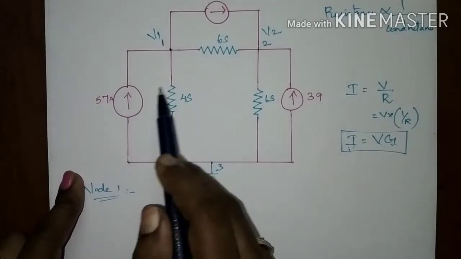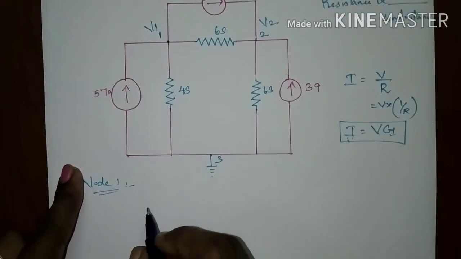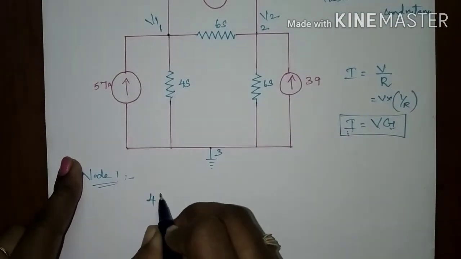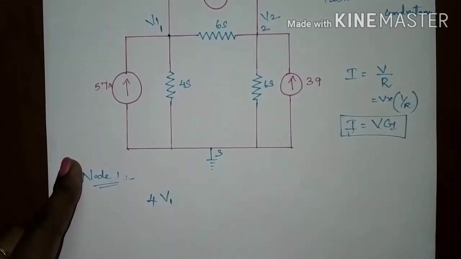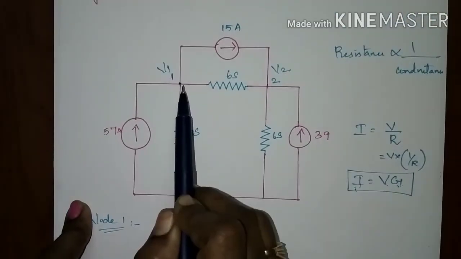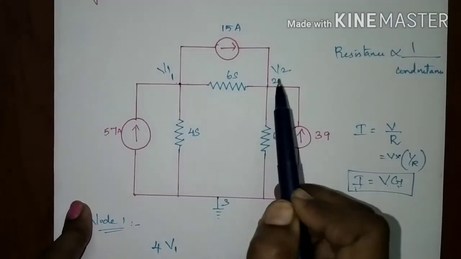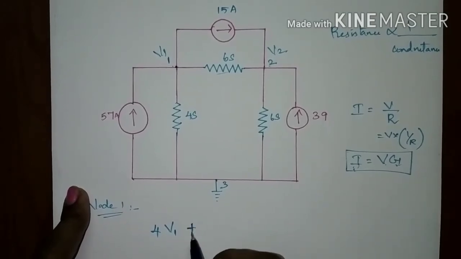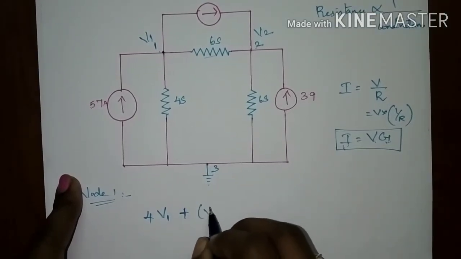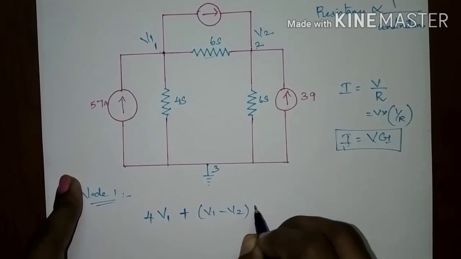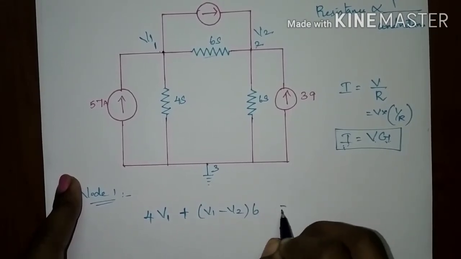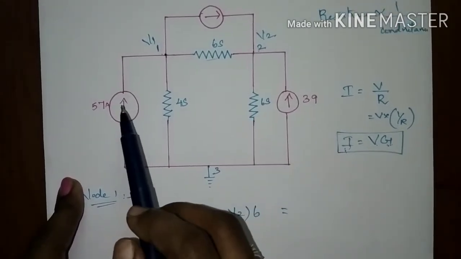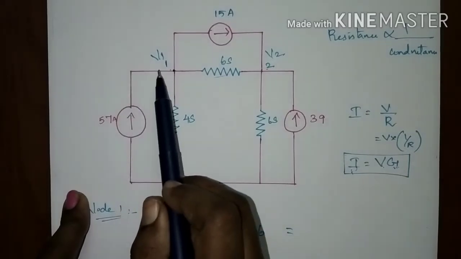So, the self conductance connected to the first node is 4 into V1, and the conductance common to the first and the second node is 6 Siemens. So it can be represented as V1 minus V2 into 6, which is equal to the current incoming or outgoing at that node.